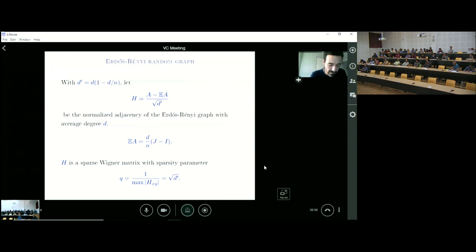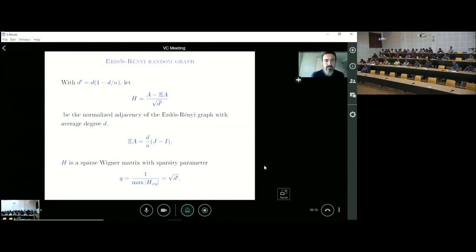So when you have renormalized your entries so that the variance is 1 over n, the larger q is, the more spread out, the less sparse your matrix is.